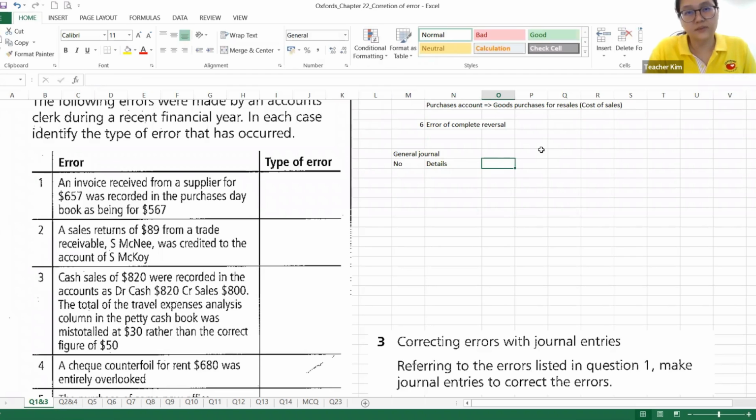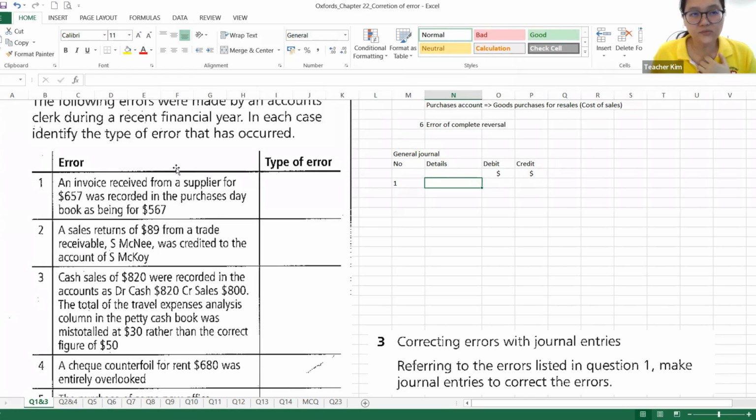I hope you still remember the format. Debit, credit. This is the general format. For number 1, I will not write the detail, I would just put the double entry only, the adjustment.